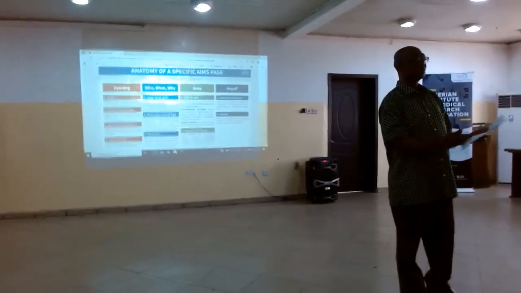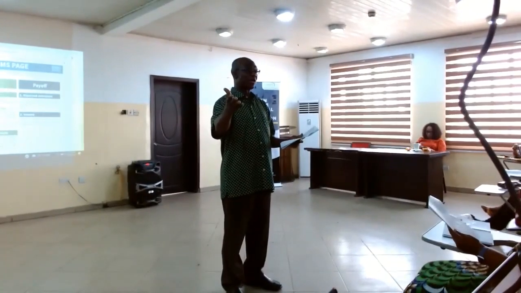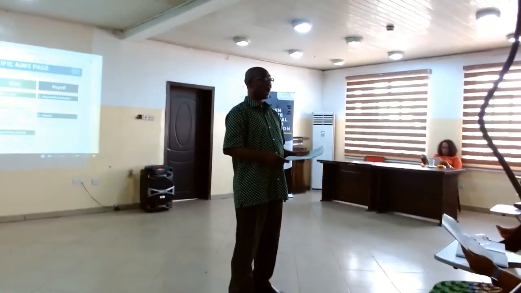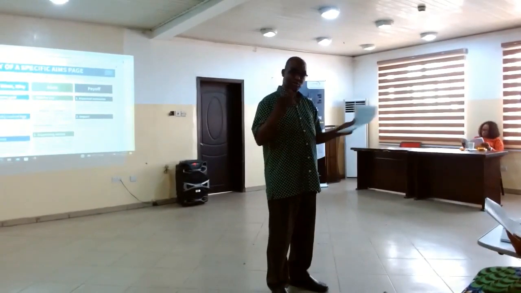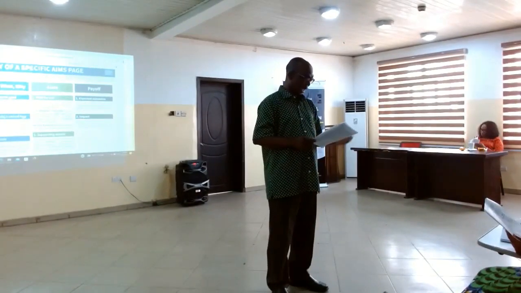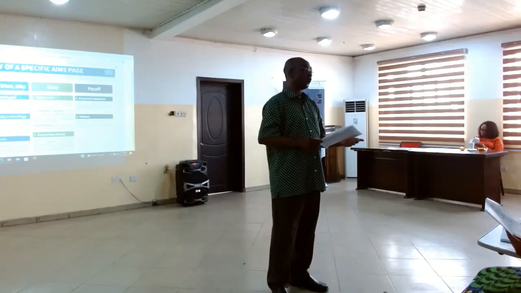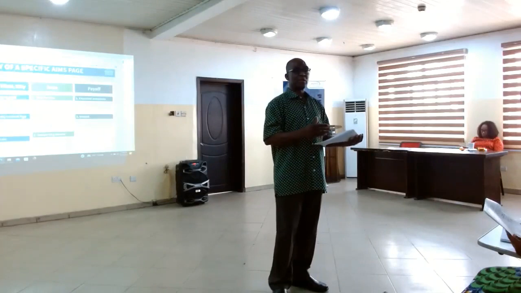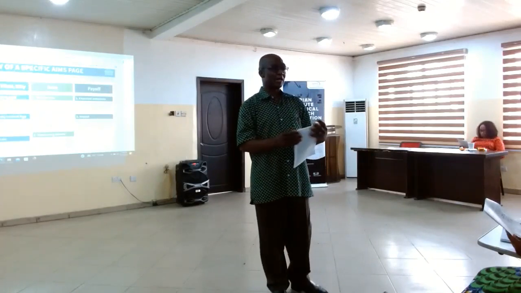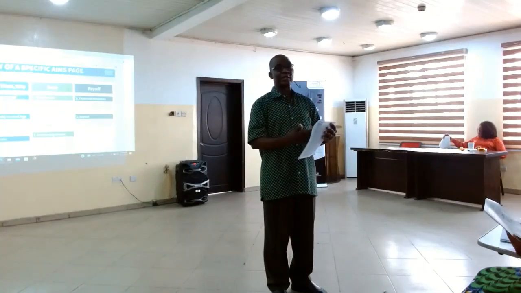So this is just an example. Also in the folder, you have examples of R01, R21, the smaller type of grants, and how that flows. So these are just for you to be able to appreciate how these things are written and how ideas actually flow.